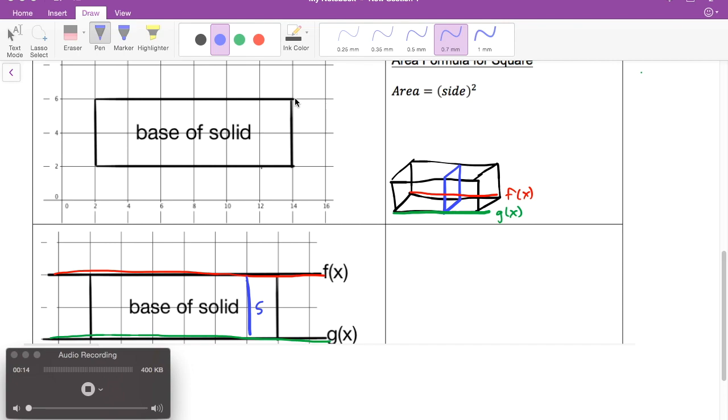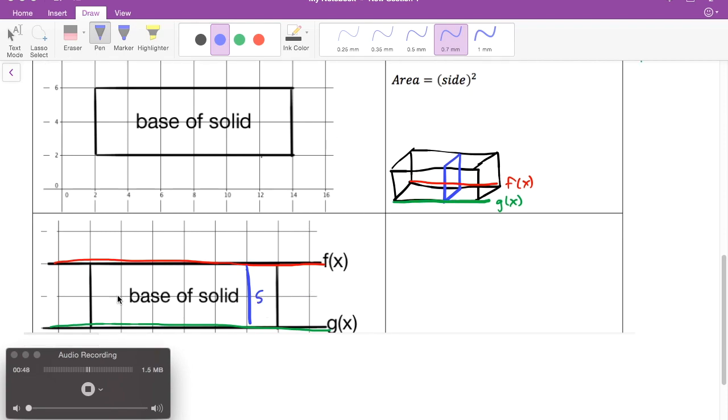So we're just going to wrap up example 1 by working more generally. In the previous example, we had specific lengths to work with, but that's not always going to be the case. So I'm going to generalize by saying that this length, which was originally a height of 6, is now going to be some number given by the function f, and the height of 2 here is going to be given by the function g.